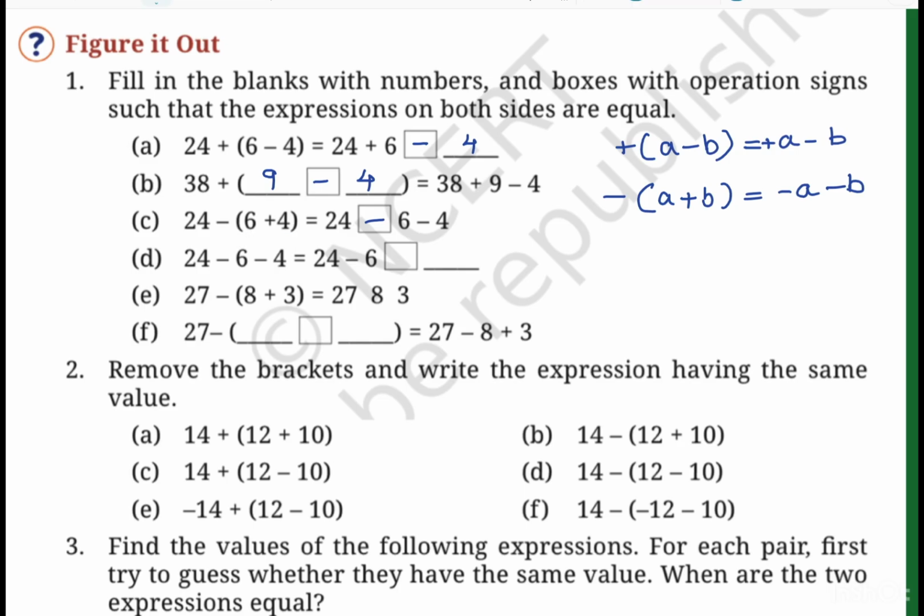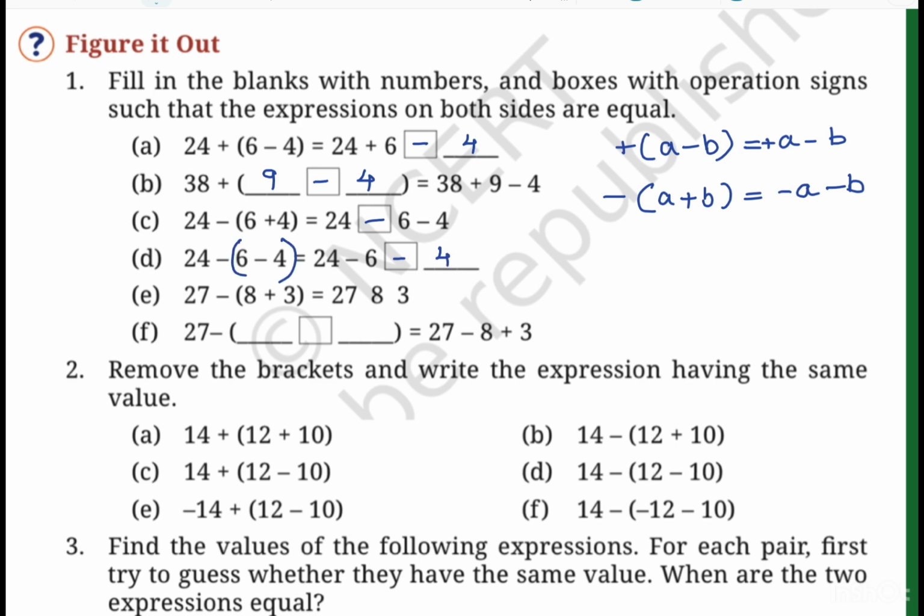Next we have the question, 24 minus 6 minus 4, that is equal to 24 minus 6 dash. Here we can see that there is no bracket. Maybe the bracket will be missed, or the question is itself 24 minus 6 minus 4, then the answer will be minus 4 itself.